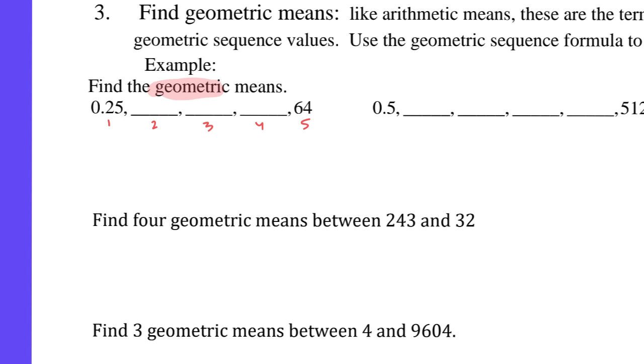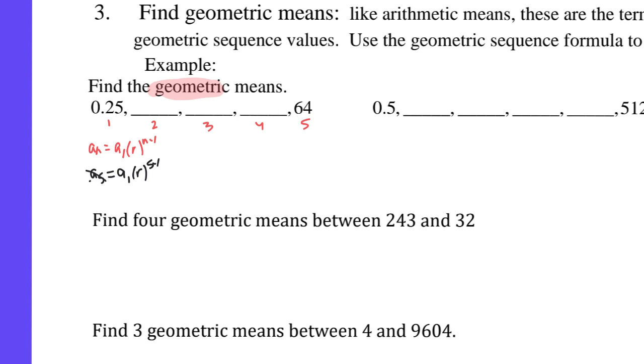So this is how I see it. I take the formula that says a sub n is equal to a sub 1 times r to the n minus 1, and I'm going to use that in this problem. We know that the value of a sub 5 is equal to the value of the first term times the common ratio to the 5 minus 1. And we know even more than that.